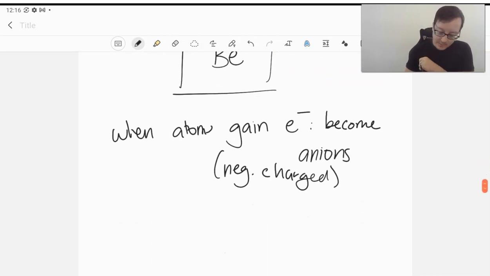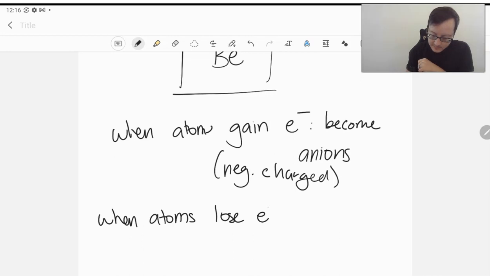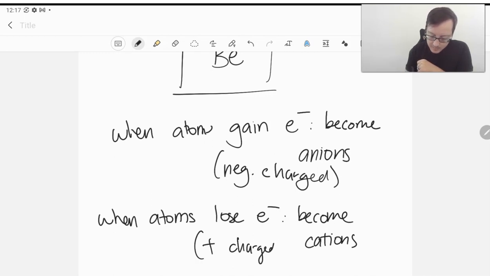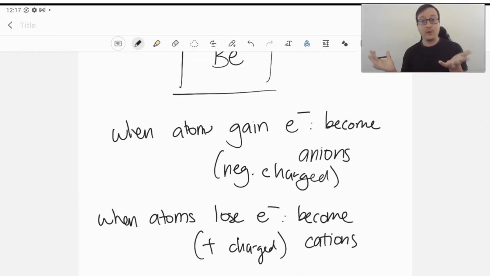On the opposite side, when atoms lose electrons, they become cations, or positively charged. Considering that if you gain something negative, you become more negative, and if you lose something negative, you become more positive.